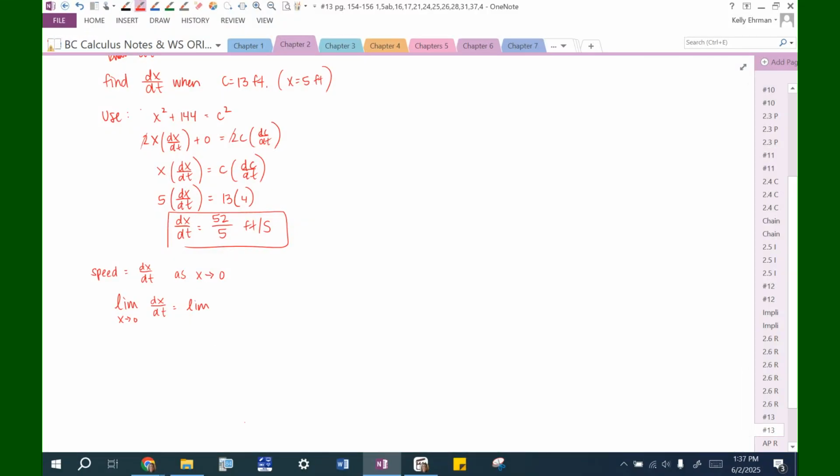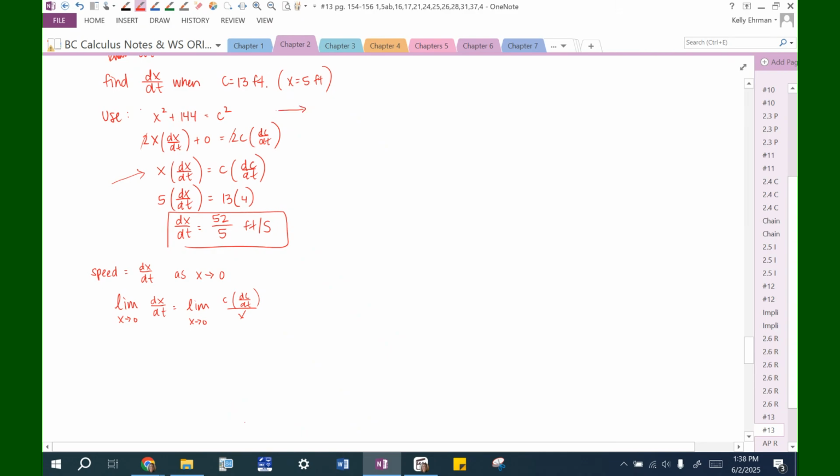Okay, so let's put an equation in for that. So what's the limit as x approaches 0 of, right here, dx/dt is c times dc/dt divided by x. Now, I don't want to have two values for this because c is changing as well, right? So let's rewrite c so that we have this in terms of x. So go back here.